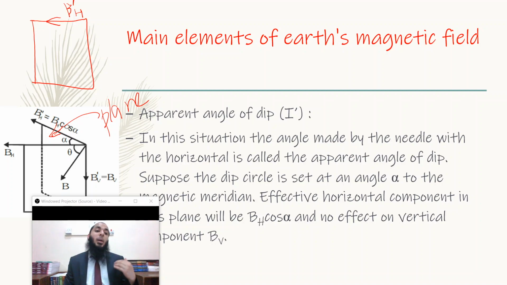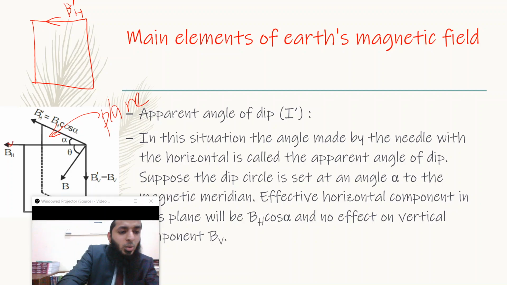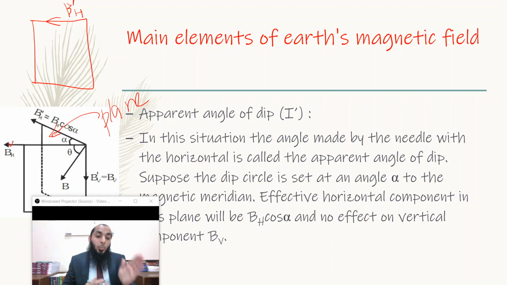No, it will be some apparent horizontal component. How do you get that? Because this is the actual horizontal component, and you have a component of the horizontal component. Now don't get confused. The horizontal component in the magnetic meridian is the horizontal component of the actual resultant magnetic field along the horizontal line.